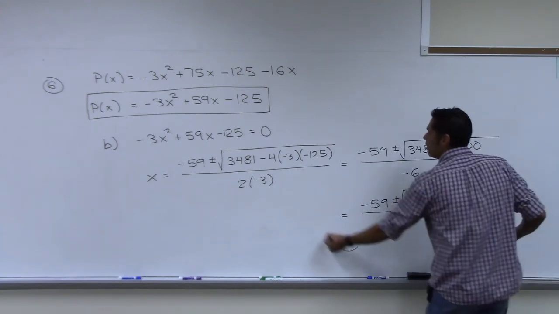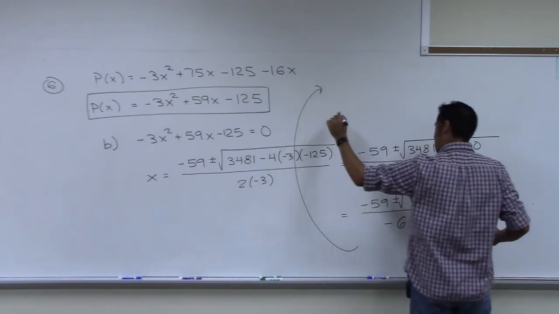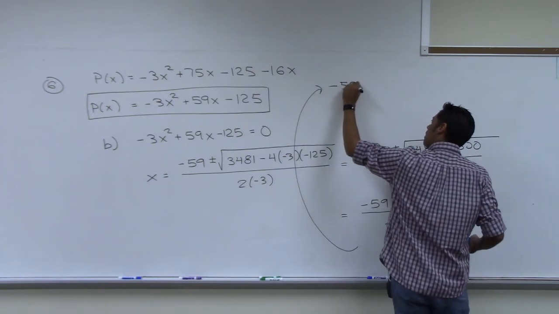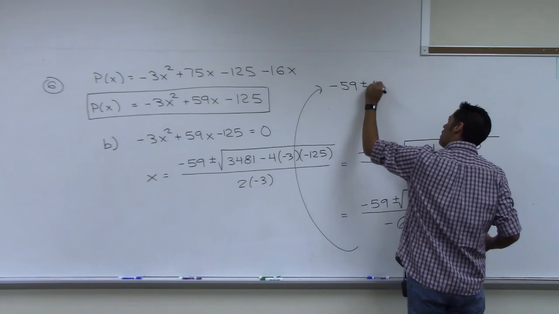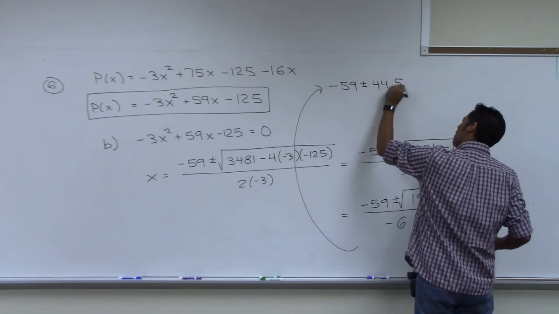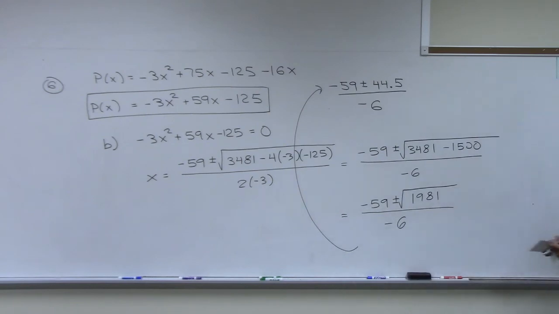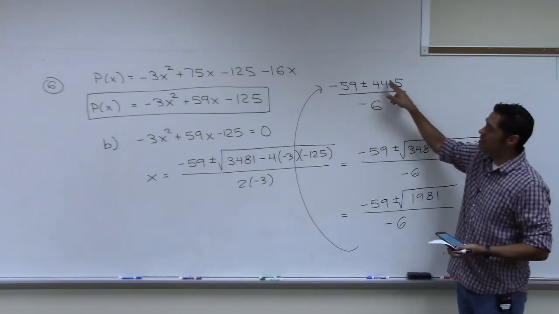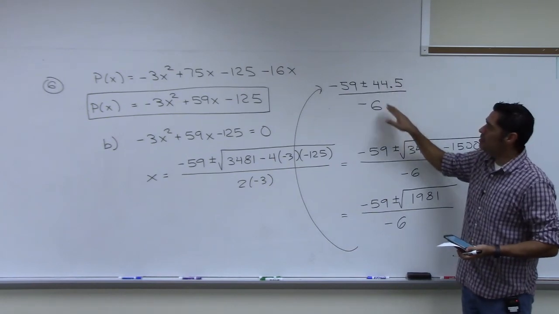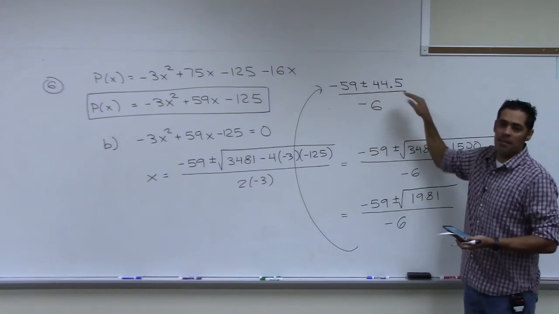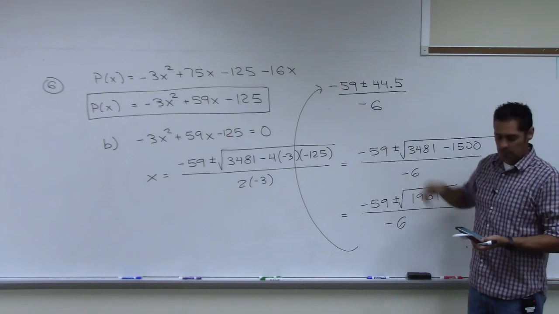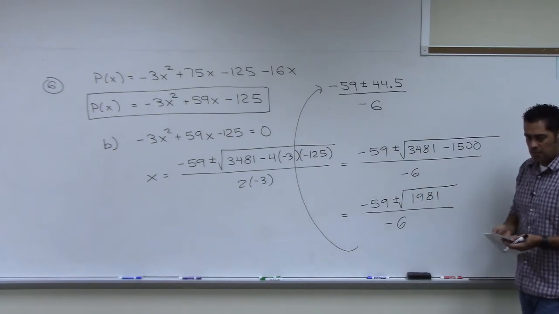So let me take this up here because I'm running out of room. So I have negative 59 plus or minus 44.5 all over negative 6. And then I have to do the two cases again. I've got to go negative 59 plus this, then divide by negative 6, negative 59 minus this, and then divide by negative 6. Understand?